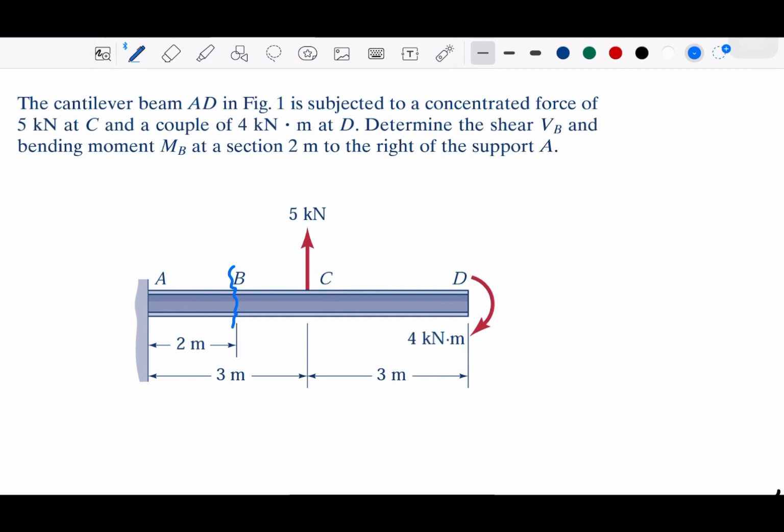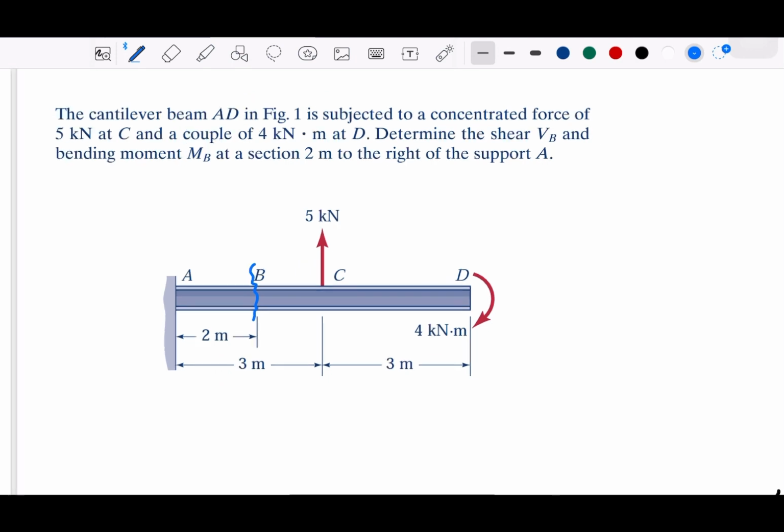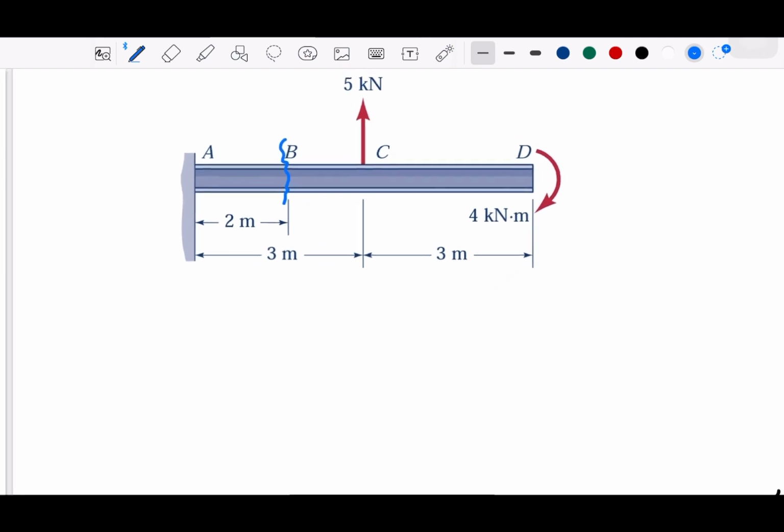So we have the 5 kilonewton here, the moment of 4 kilonewton meter, and some lengths. We know the length is 3 meters, 2 meters, so this will be 1 meter. Then we calculate the equilibrium. It's not really that different from what we have done before. So first step, always take the free body diagram. Let's write here.